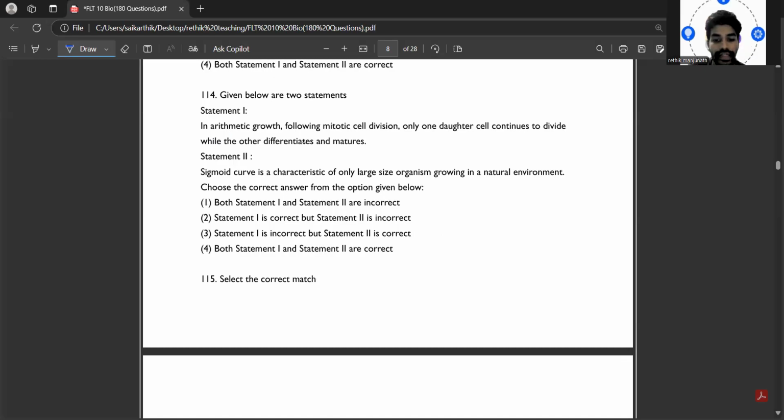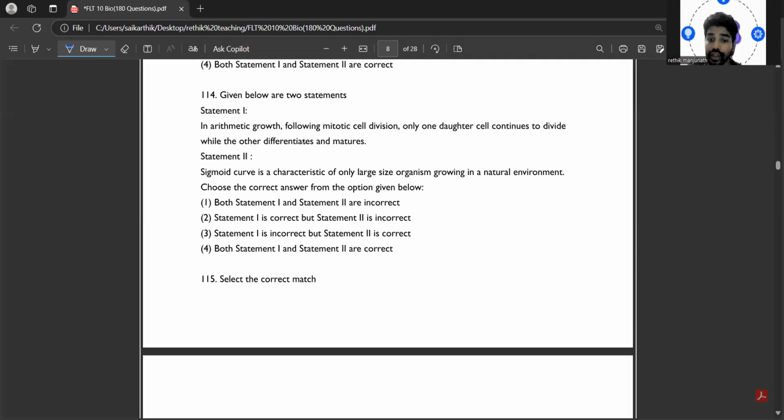So 114 says that given below are two statements. In arithmetic growth, following mitotic cell division, only one daughter cell continues to divide while the other differentiates and matures, is statement one.